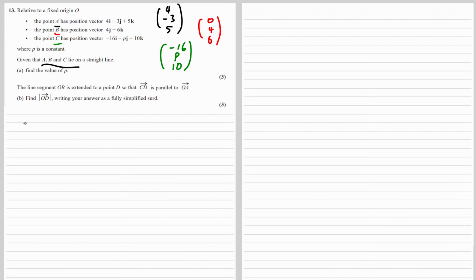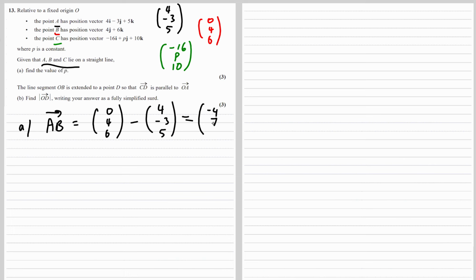To get from A to B, that's B take away A. So it's 0, 4, 6 take away 4, negative 3, 5. 0 take away 4 is negative 4. 4 take away negative 3 is 7. And 6 take away 5 is 1. So that's the direction we are going in.